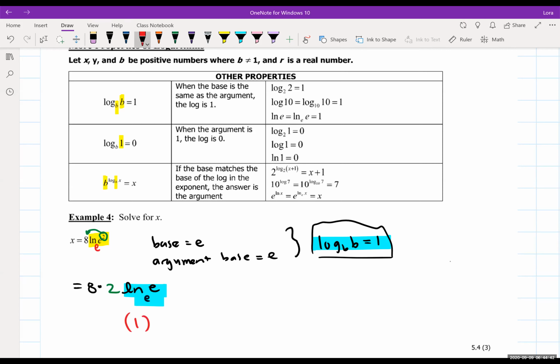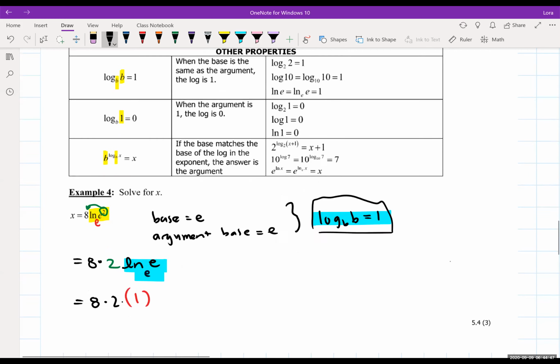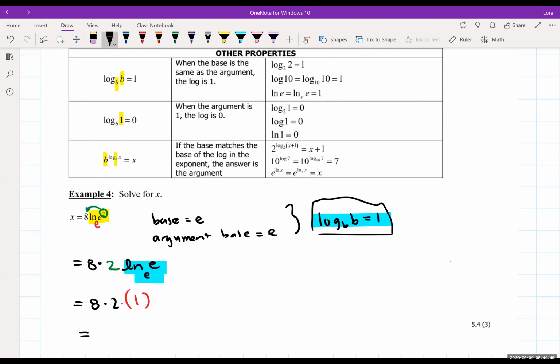It gets multiplied by 1, and then you're looking at 8 times 2 times 1. So the actual value of this expression is 16. That's one way to do it. Sometimes you start seeing these a little faster and you don't have to write as many steps, but take your time and get comfortable.